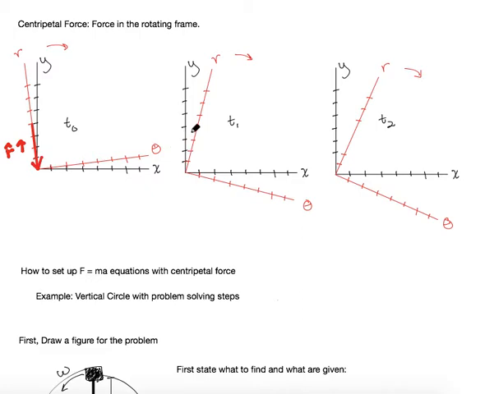A vector like this, in the r hat direction, I can represent as minus 4 r hat, minus because it's going the other way. So the equation v squared over r, in this definition of the unit vector, is going to be negative v squared over r.